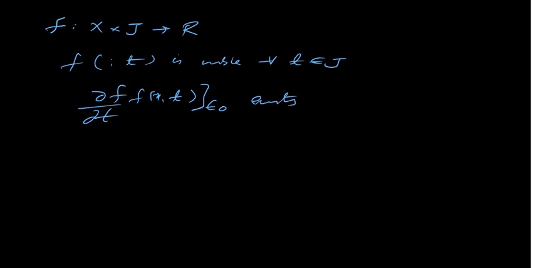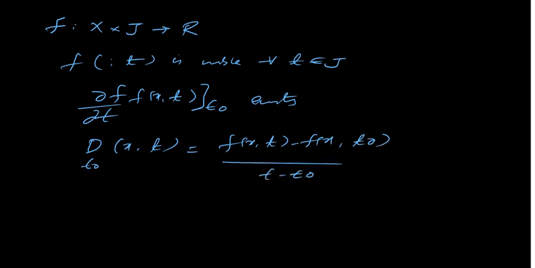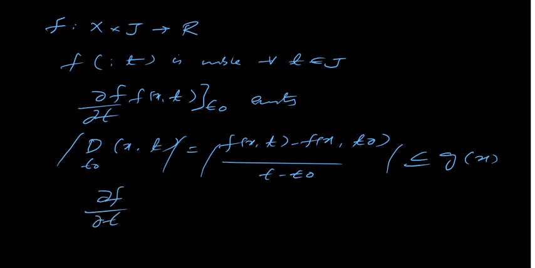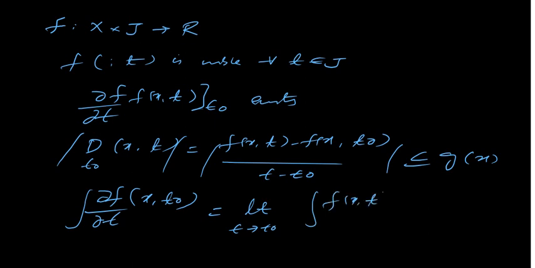Also, this partial derivative, or rather that difference quotient d(x,t) at t naught that we have seen, is by definition equal to f of (x,t) minus f of (x,t naught), divided by t minus t naught. If this is dominated by some integrable function g(x) for almost all x, then the partial derivative defines an integrable function at t naught, and its integral is equal to the limit as t approaches t naught of the integral of f(x,t) minus f(x,t naught) divided by t minus t naught, dx.